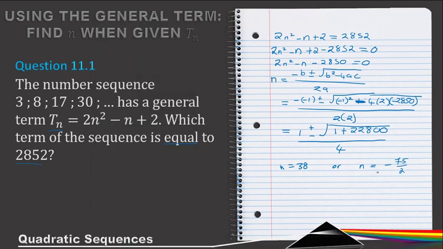All right, so this one is obviously not applicable, for 2 reasons. A negative number doesn't exist when it comes to patterns, and also it has to be an exact value because they say equal to. So that's going to be n is equal to 38.